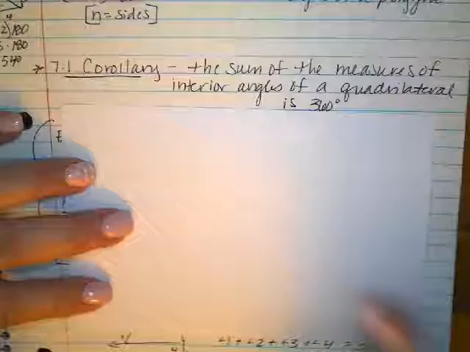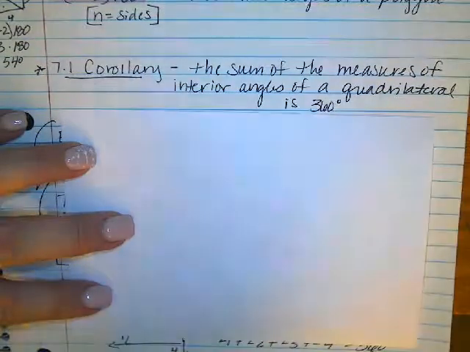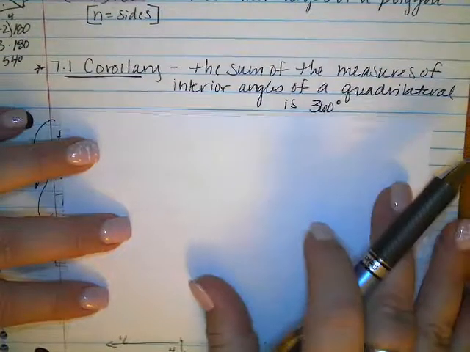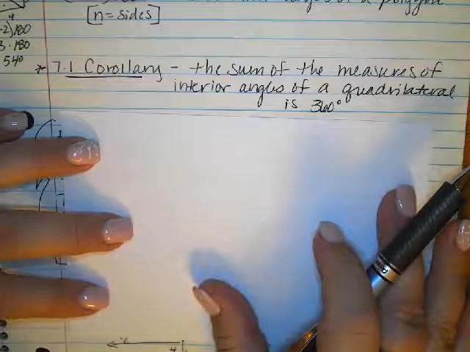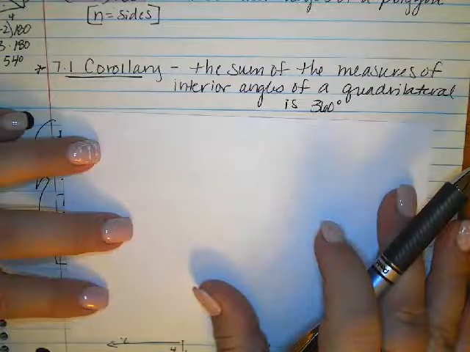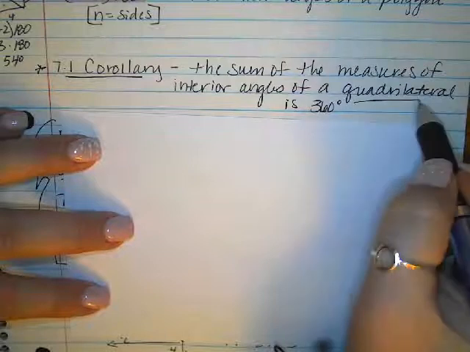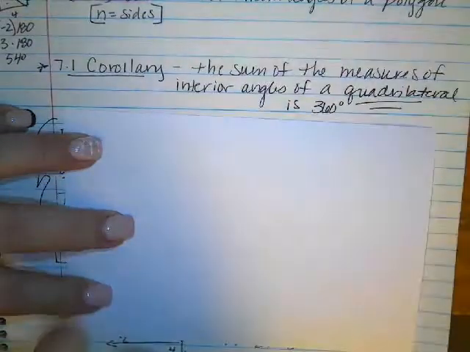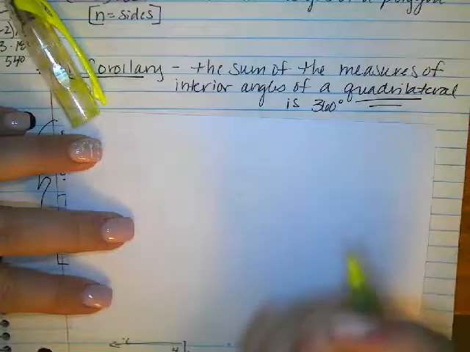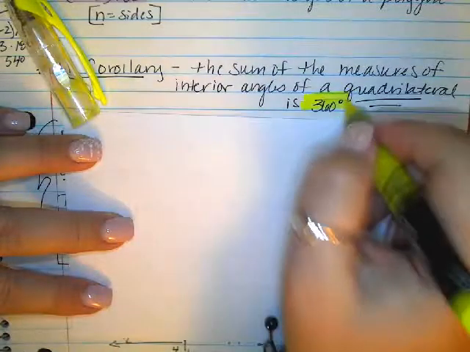An offshoot of that, and remember that's kind of what a corollary is, it's still within that realm of 7.1. It's kind of like another little idea in 7.1. And it's this corollary which tells us that the sum of the measures of the interior angles of specifically a quadrilateral is 360 degrees. So that's going to be really important for us to remember, because we're going to use it a lot.